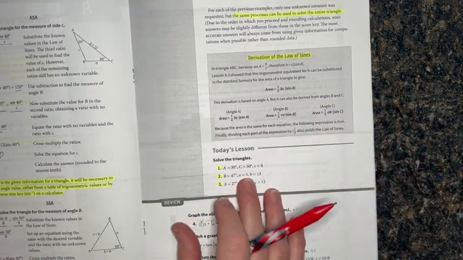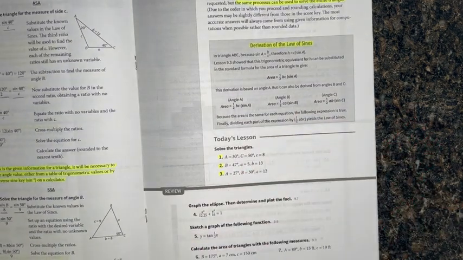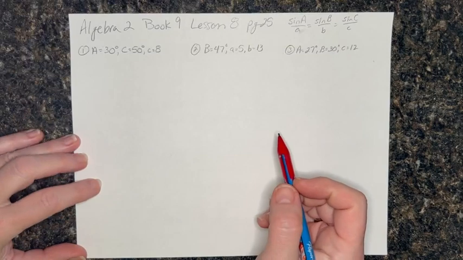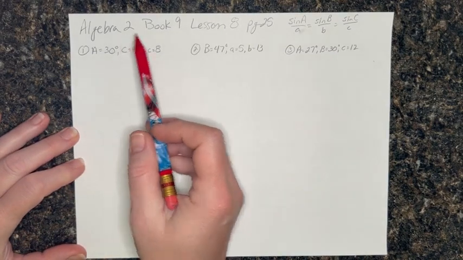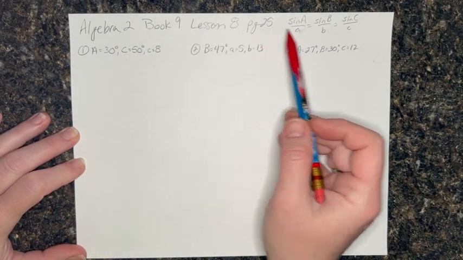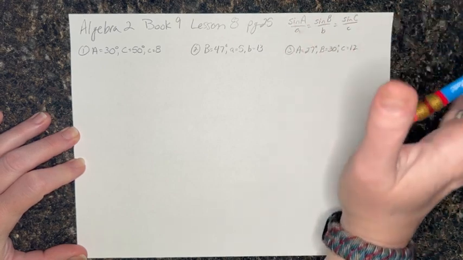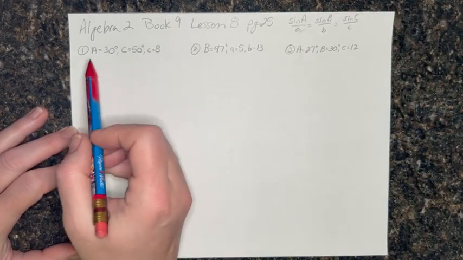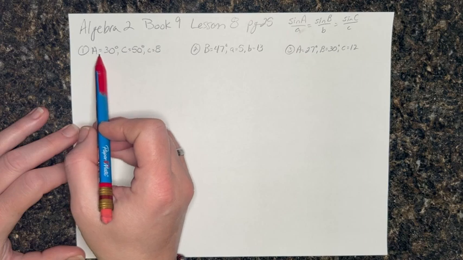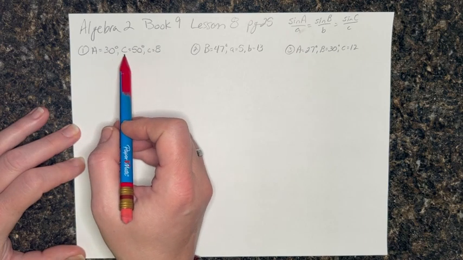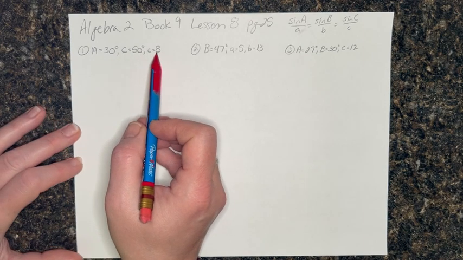We are going to go ahead and do these 3 problems together. All right, we are in Algebra 2, Book 9, Lesson 8, page 25. I wrote the law of sines up here at the top. Problem number 1, we're given that angle A is equal to 30 degrees, angle C is equal to 50 degrees, side C is 8.